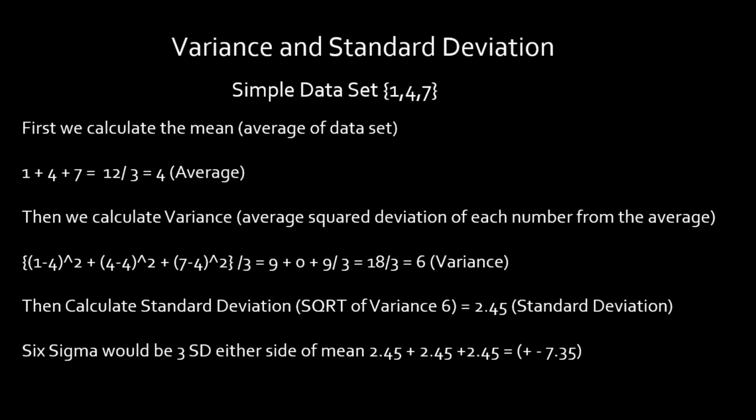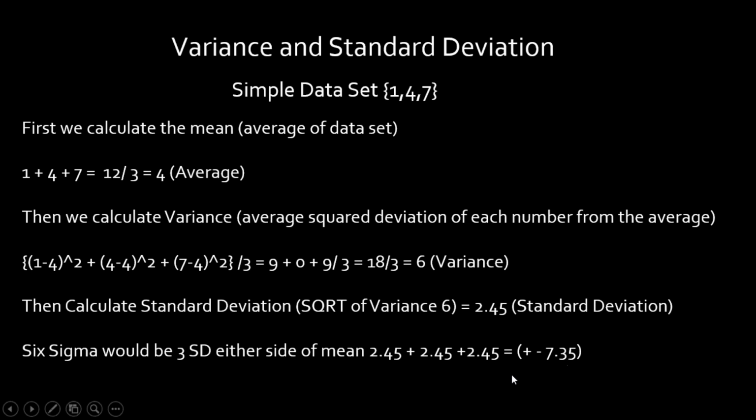The next one I'm going to show you actually is the upper and lower control limits. So what we're trying to do here is set the upper and lower control limits of acceptability of a process running. And that's called Six Sigma. That's 3 standard deviations either side of the mean. So in this case, when we came up with a standard deviation of 2.45, we go plus or minus from the mean, okay, of 4.